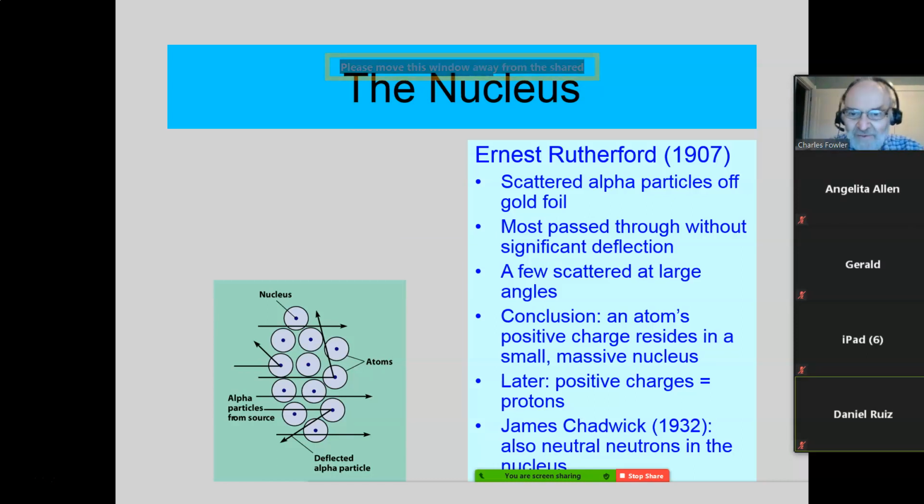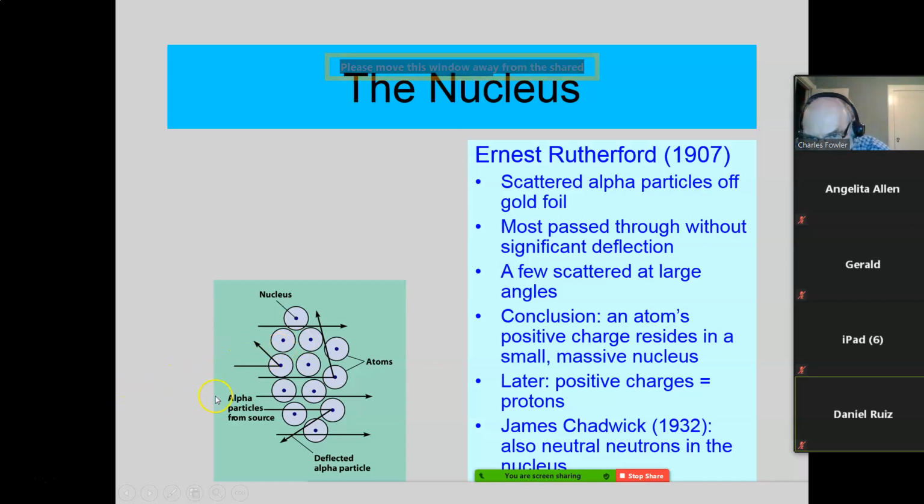Now, here is the conceptual view of what was going on there. Rather than the bulk of this being positive charge with just a few little electrons scattered in it, what we really had was an electron cloud which had almost no matter at all in it, and all the matter was situated in these tiny little nuclei.